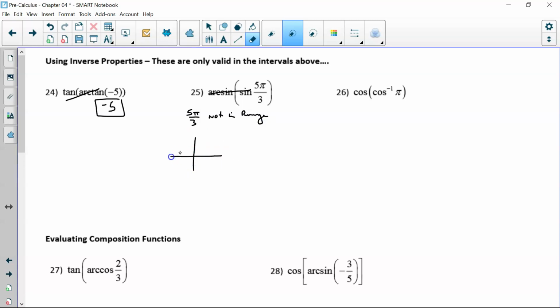Now 5π/3 is over here. So what we can do is look at this angle here.